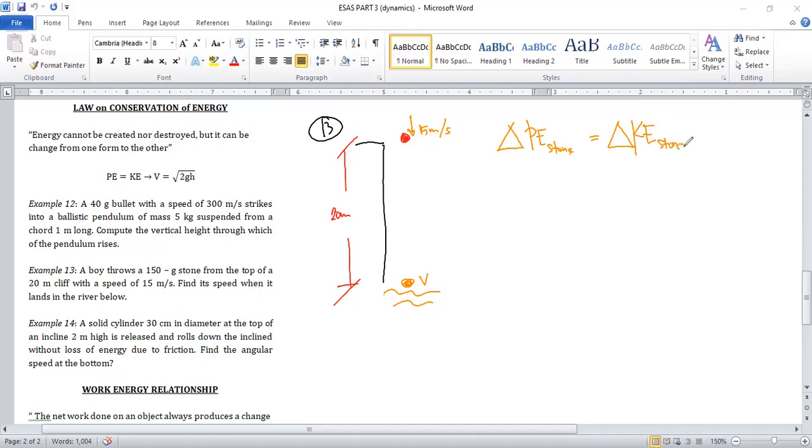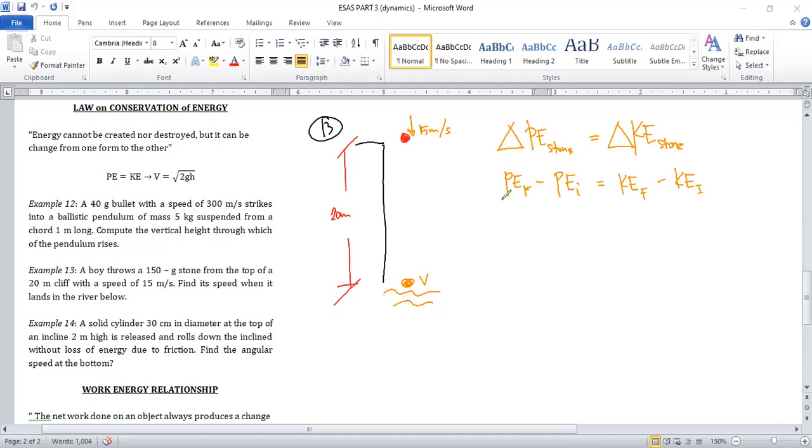Why is there a change in kinetic energy? Initially, the stone is thrown at a speed of 15 meters per second, and then upon hitting the river the velocity changes. So we would say potential energy final minus potential energy initial is equivalent to kinetic energy final minus kinetic energy initial.